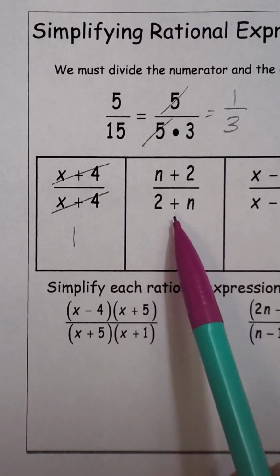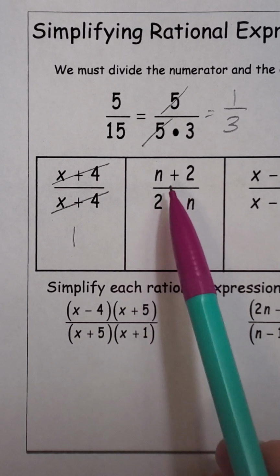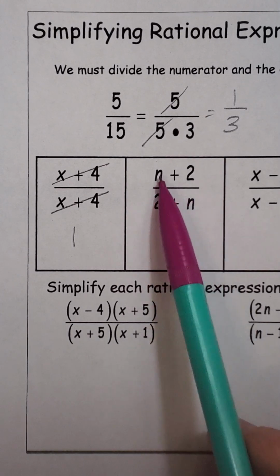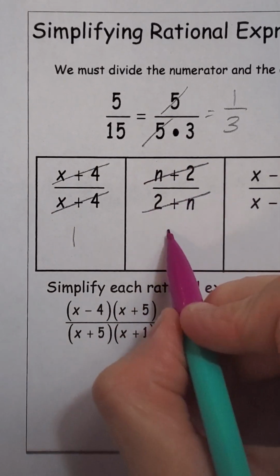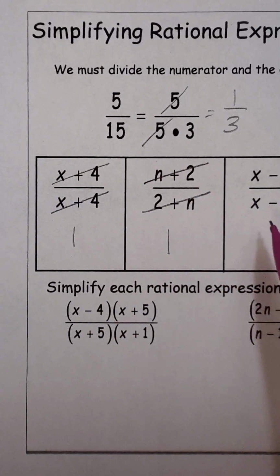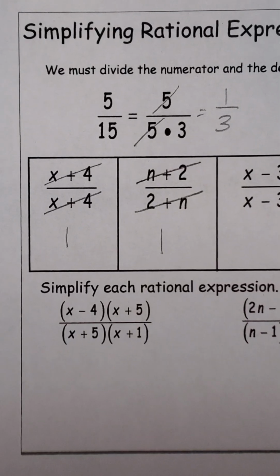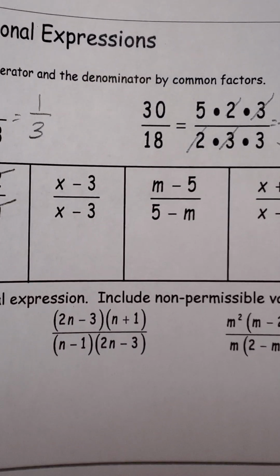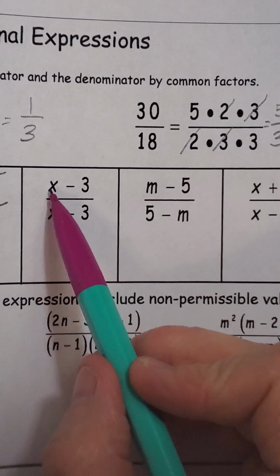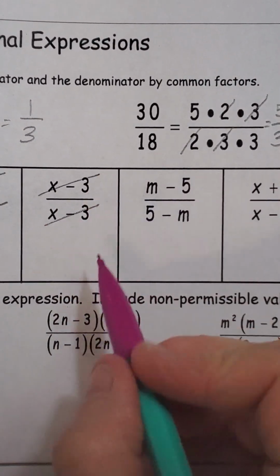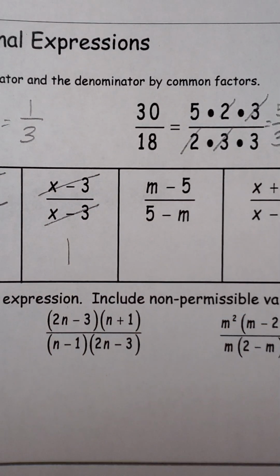Now when we're adding, the order doesn't matter, so n plus 2 over 2 plus n also simplifies to 1. Likewise x minus 3 over x minus 3, identical numerator and identical denominator, simplifies to 1.